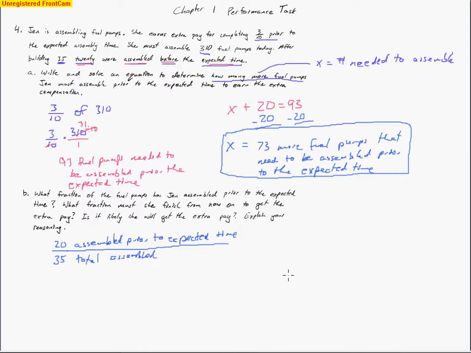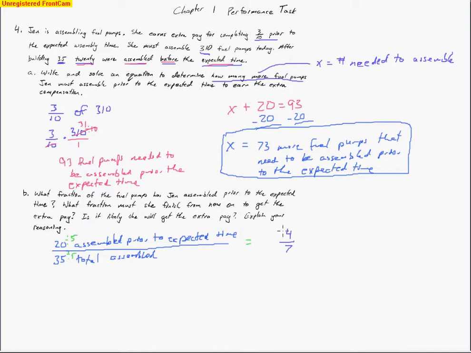So what we want to do is just reduce this. Let's take out a common factor. I see that we can divide each of these numbers by 5. 20 divided by 5 gives me 4, and 35 divided by 5 gives me 7.